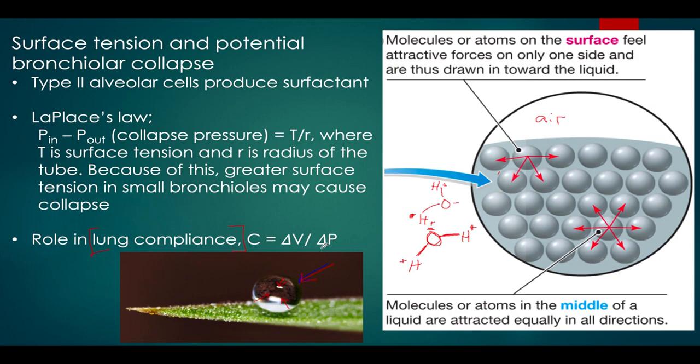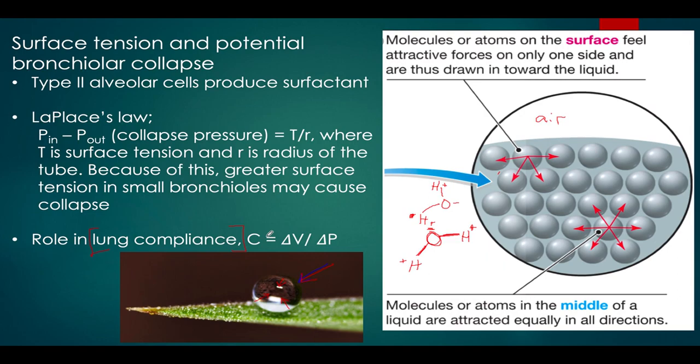If the lungs collapse, I shouldn't say lungs collapse, they can collapse, but if the alveoli and the bronchioles collapse, that means that compliance goes down because we need a greater pressure gradient to cause the same change in volume. Your change in volume would go down for a given change in pressure. That would be low compliance. That's bad.